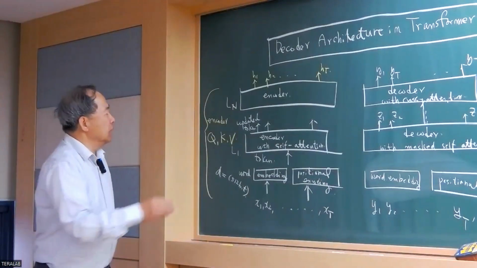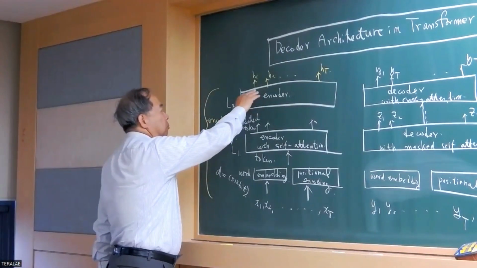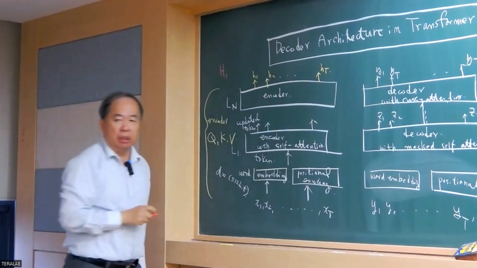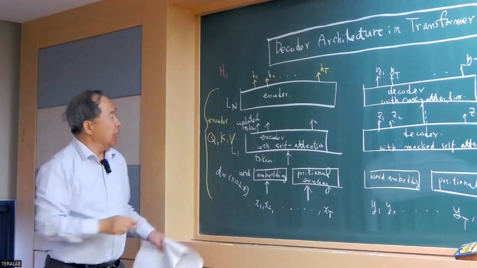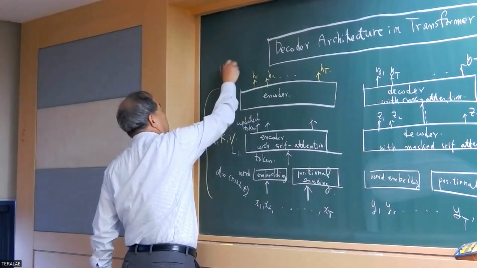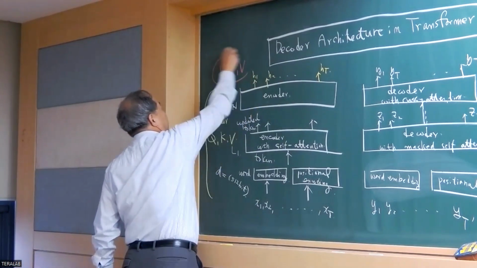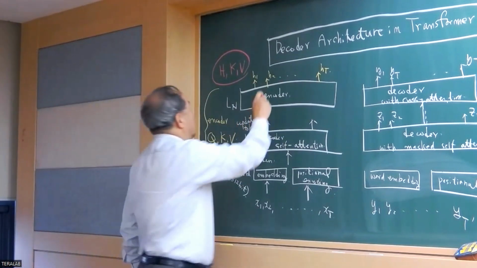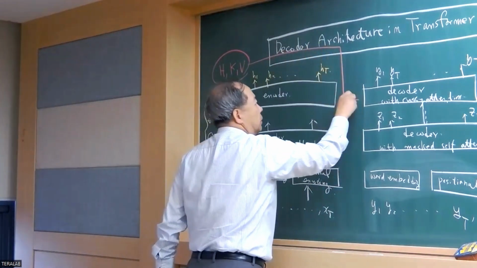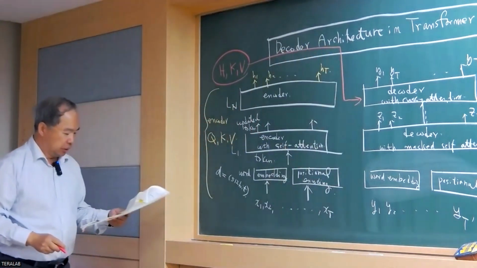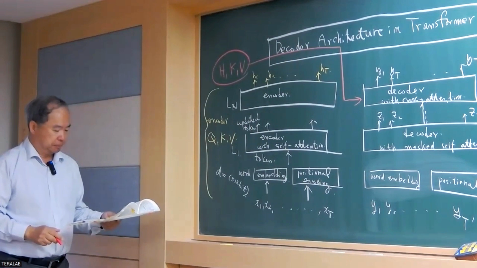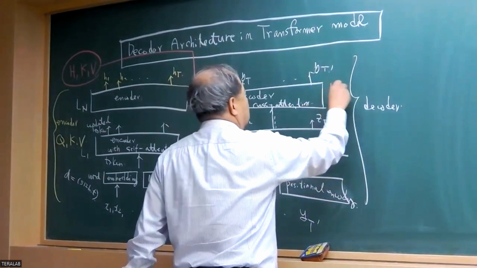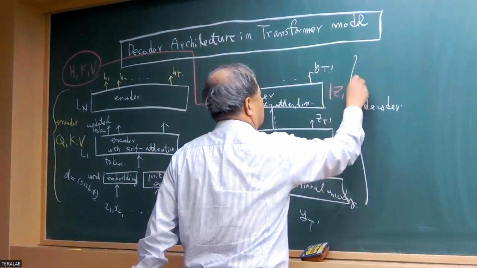Now, the encoder output matrix sequence could be represented by the H matrix, and the encoder has key K and value V. That is supplied to the decoder. The decoder has a certain input and query.